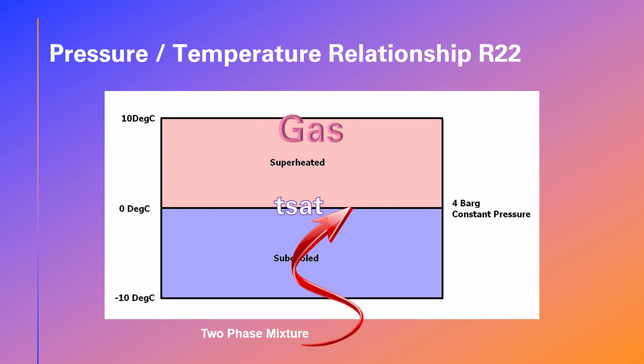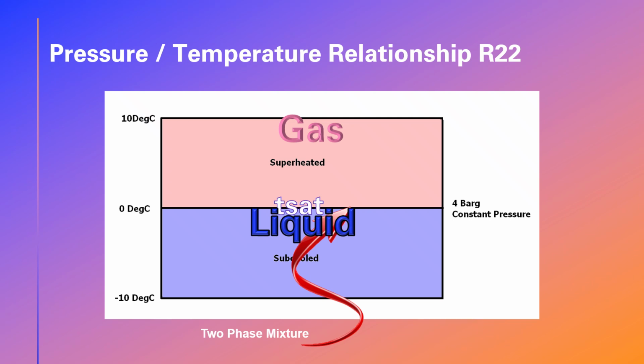Now anywhere above the line we know is gas and superheated gas. So therefore if we were to measure that gas temperature, and it was 10 degrees C, we could say that it was 10 degrees C superheated.